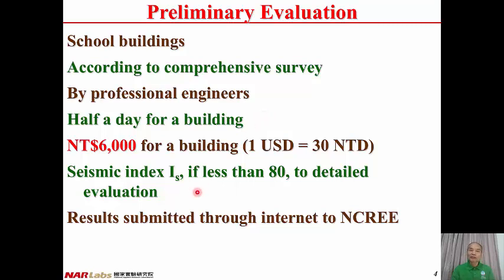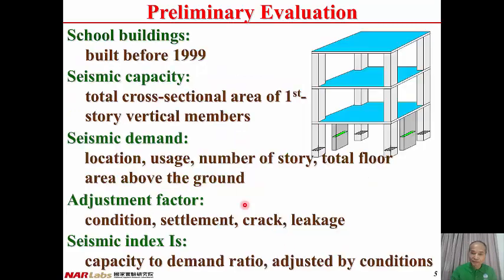And the result from preliminary evaluation is the seismic index. If the seismic index is less than 80, it will be moved to the next stage, detailed evaluation. All the results from preliminary evaluation have to be submitted through the internet to NCREE, our center.